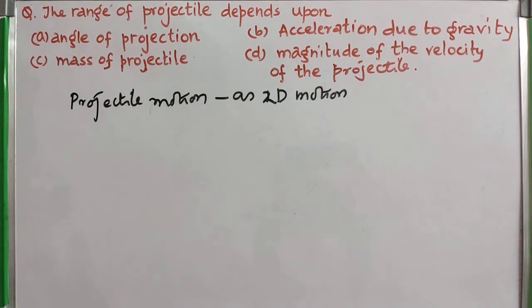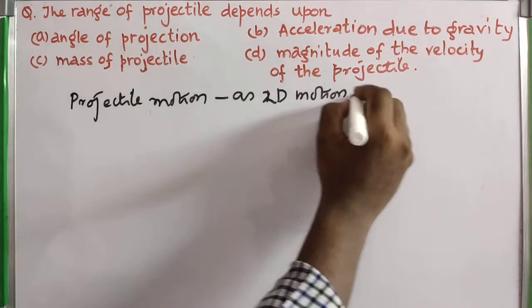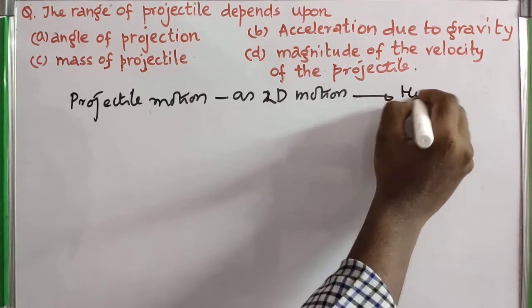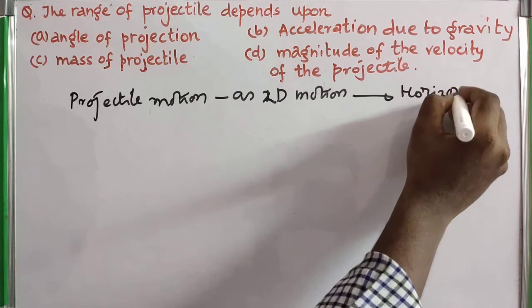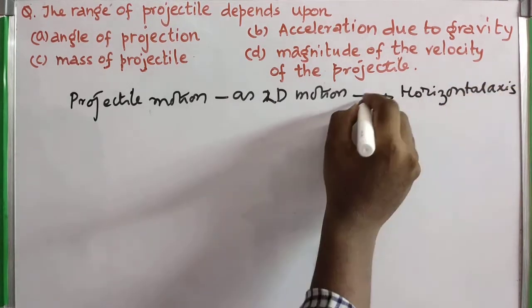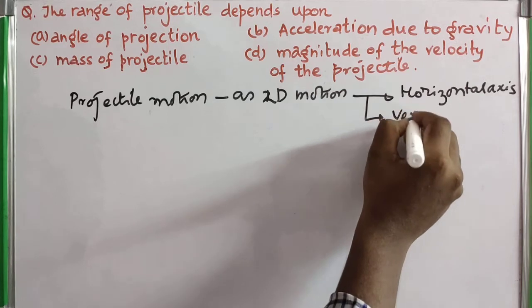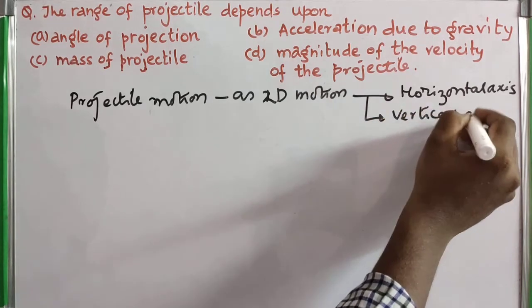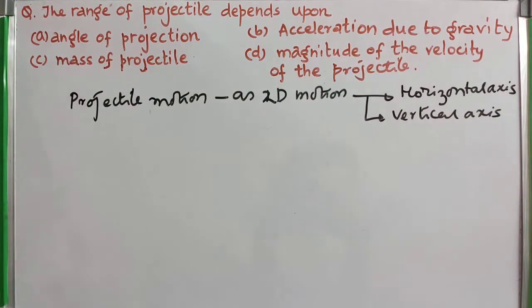We have discussed projectile motion as two-dimensional motion, and in order to represent this two-dimensional plane, we have used horizontal axis and vertical axis. We call the horizontal axis the x-axis and the vertical axis the y-axis.